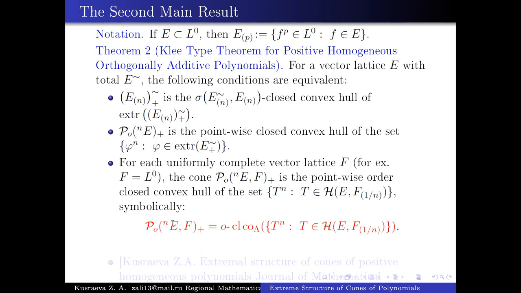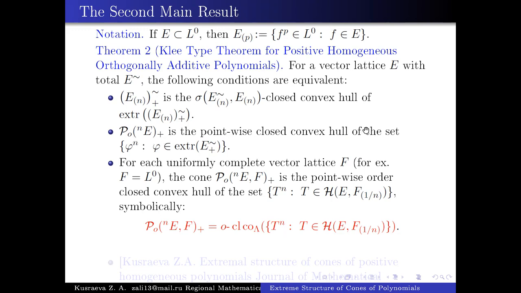Here we see that the cone of positive orthogonally additive polynomials coincides with the pointwise order closed convex hull of the set of lattice homomorphisms raised to the power of n. The second equivalent condition is the same, but for the real valued polynomials.